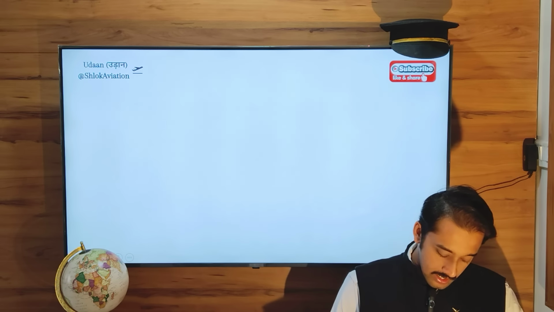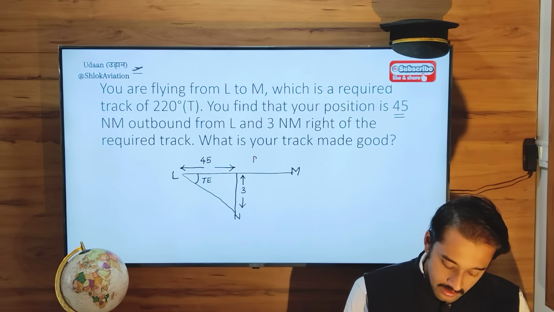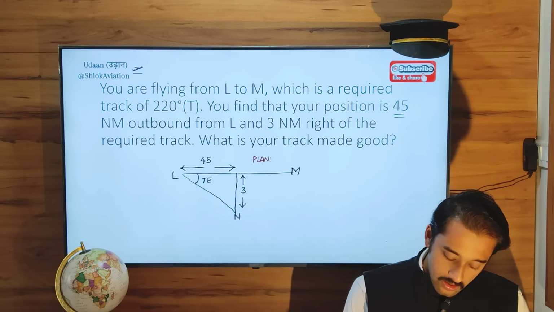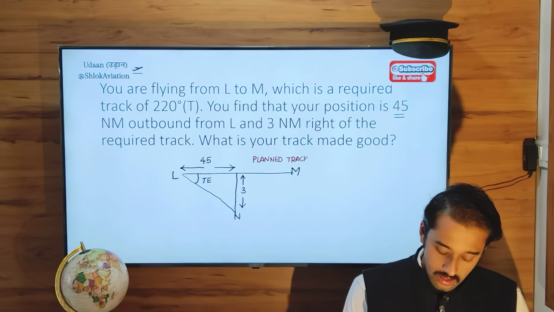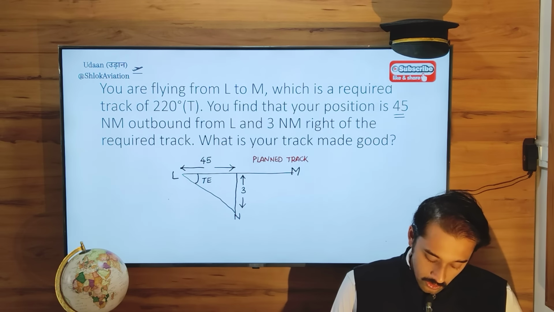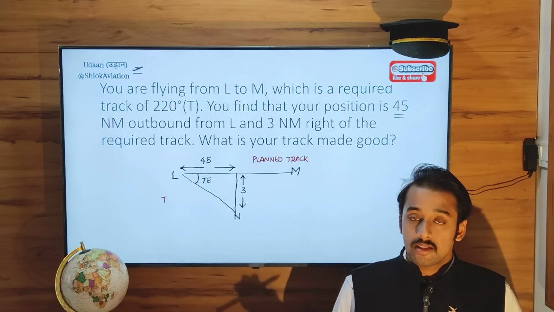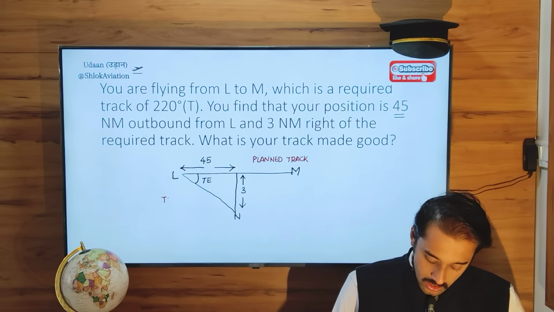So let's label this diagram. LM is your planned track or required track. LN is your track made good, the real track that you are flying over the ground in crosswind conditions. So track made good.